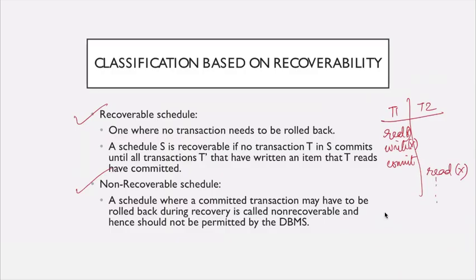Here T2 is reading the value of X written by T1, so any other transaction should be able to read the value of X only after T1 has committed. If your schedule is like this for every data item and every read operation, then it is a recoverable schedule. And if not, it is obviously called a non-recoverable schedule, which you cannot recover.